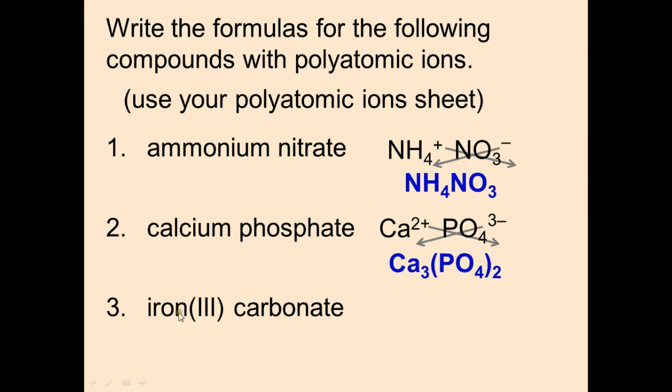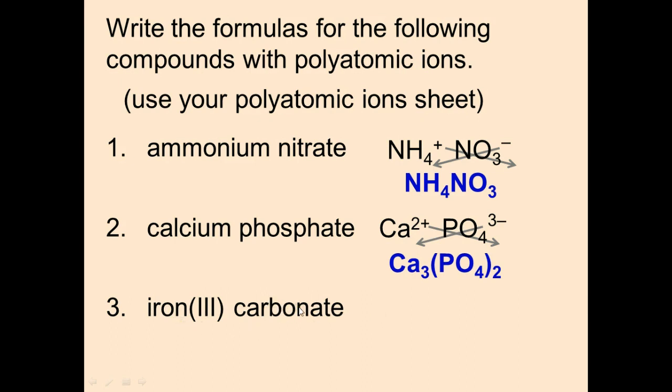And we have the last problem, iron carbonate. So iron is a transition metal. So this sort of combines what we've learned in the last PowerPoint with these polyatomic ions. And so iron, it gives us the charge, so it's 3+.